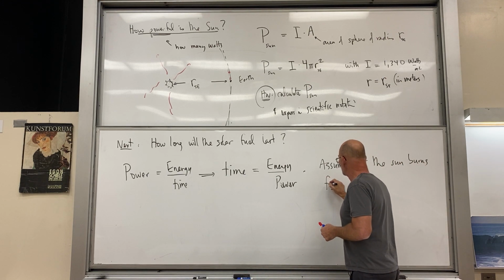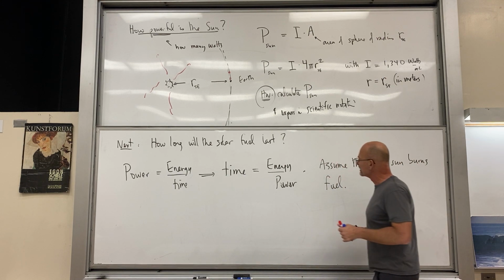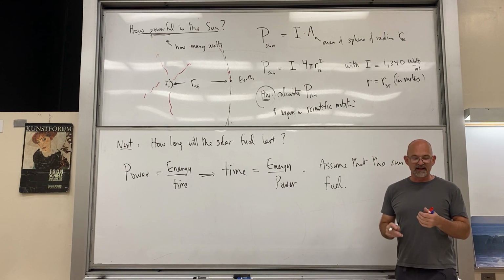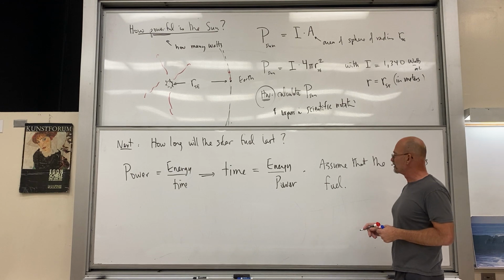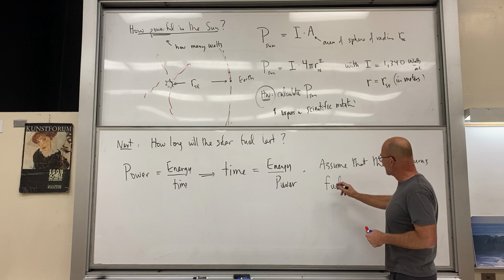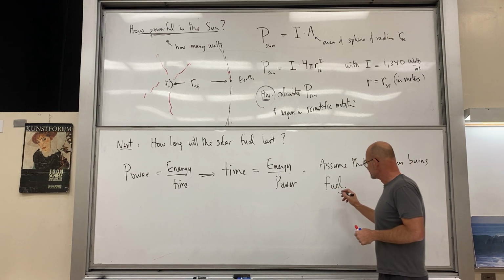Now I think it was the last lecture or the one prior to that where I figured out how much energy in fuel, how much energy per gram or per kilogram. Let's just go ahead and do that again because I don't memorize those numbers.